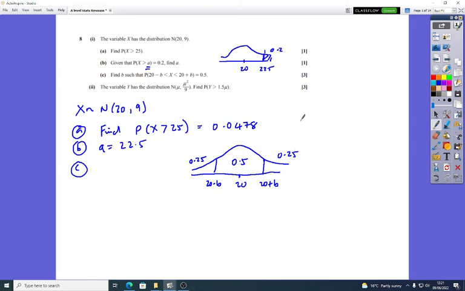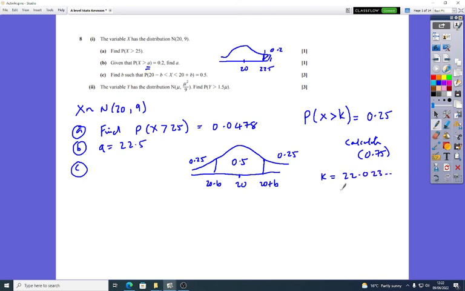I'm going to say the probability x is greater than k, which gives an area of 0.25, but when I put it in my calculator with inverse probability, I'm going to put in the area 0.75.